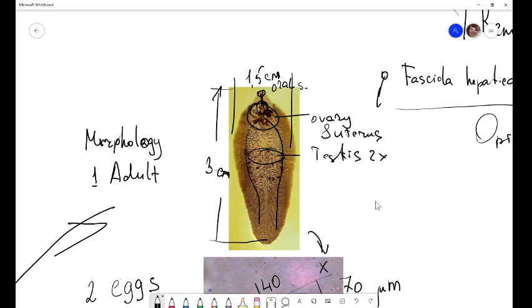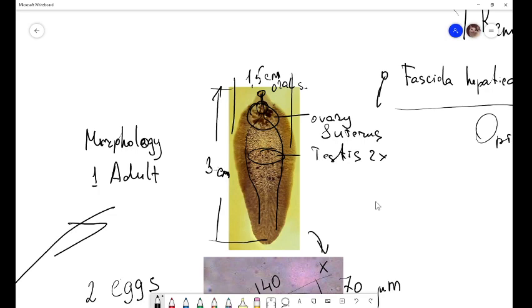And what's more, as a doctor, you must know pathogenicity, how we can infect this worm, and where we can meet this worm, in what places in your country or in the world, and diagnosis. Okay, let's go from the morphology and life cycle.